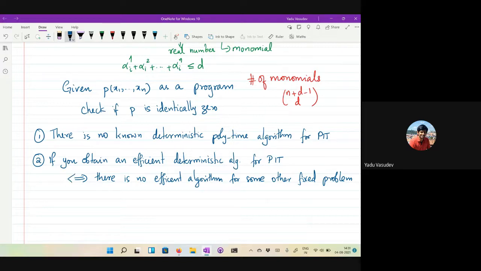If you prove that there is a certain problem for which there is no efficient algorithm, then it will also imply that PIT has an efficient deterministic algorithm. So in some sense, there is this if and only if condition which says that PIT has an efficient deterministic algorithm if and only if some other problem does not have an efficient deterministic algorithm, right?